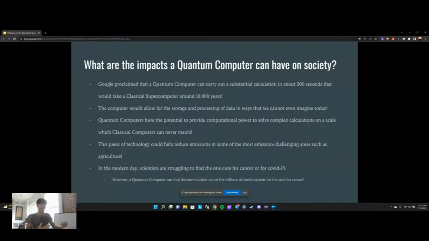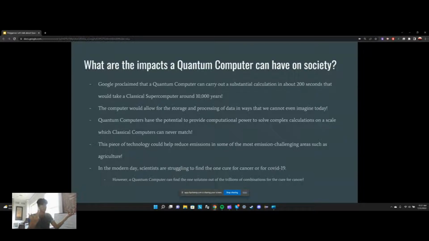Quantum computers can solve calculations that are too complex for humans and the most advanced supercomputers. This can be backed by Google, who proclaimed that a quantum computer can carry out a really substantial calculation in about 200 seconds that would take a classical supercomputer about 10,000 years. So we really do want to pay attention to these time differences.